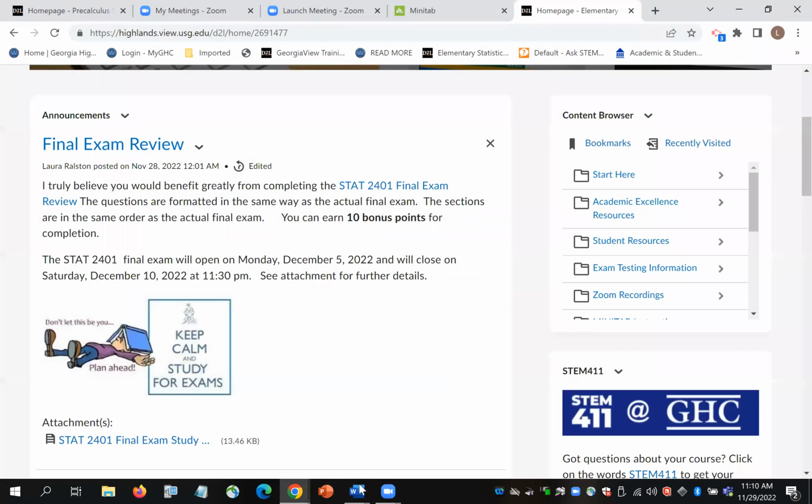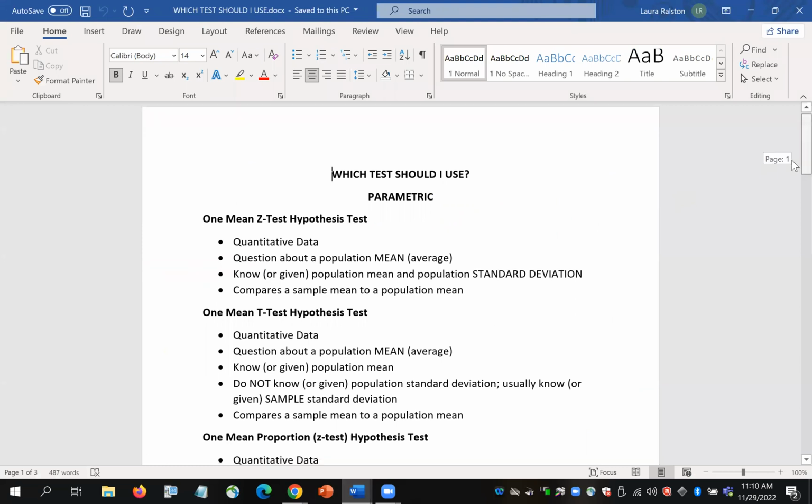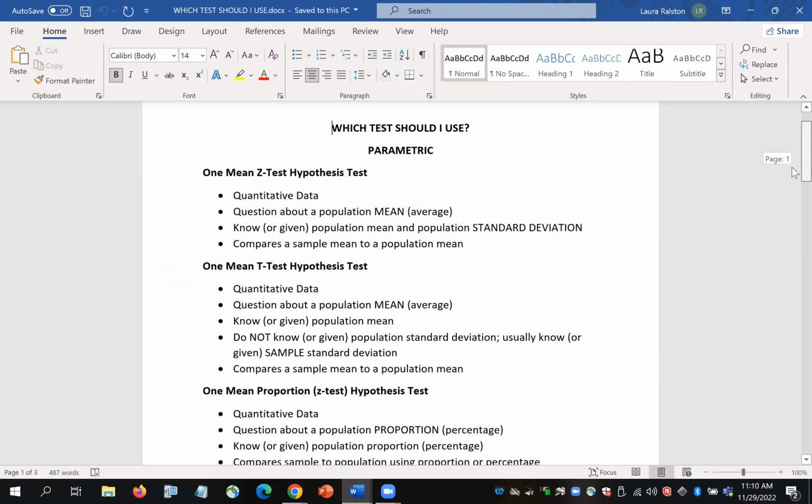The other document that I might encourage you to have nearby as you're preparing for the exam is, I believe I posted it several weeks back in the announcements, about which test should you use, especially since we've been talking about all these different kinds of hypothesis tests.